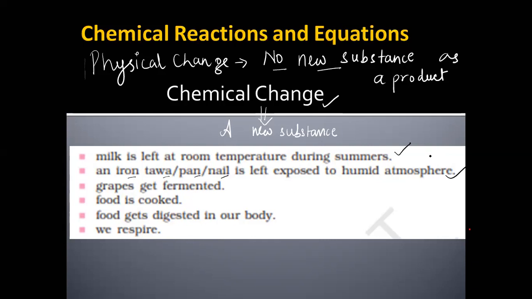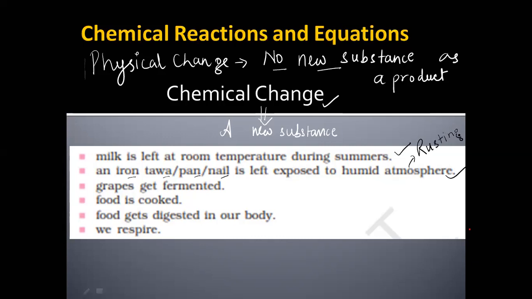So rusting is the property of iron, and that results in the denaturation of the iron surface. Very simple to know that this is the process of rusting that I'm just marking over here. The second process is rusting.